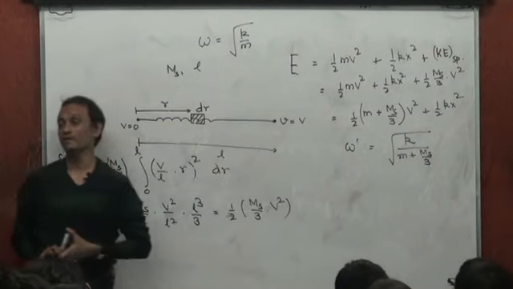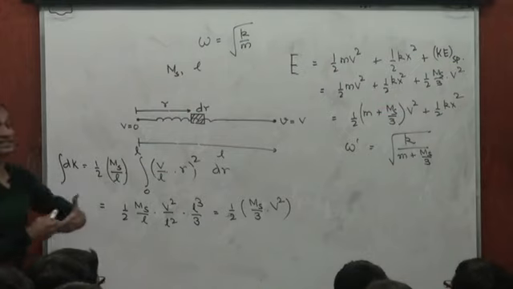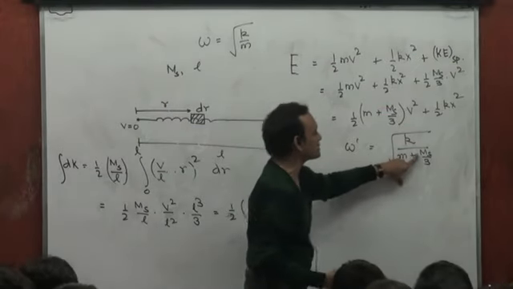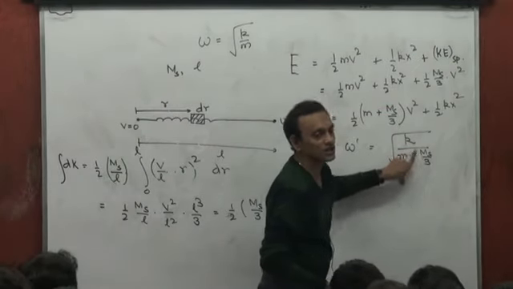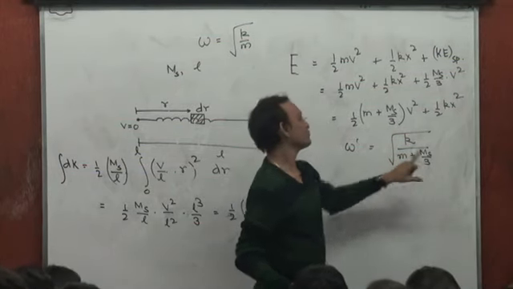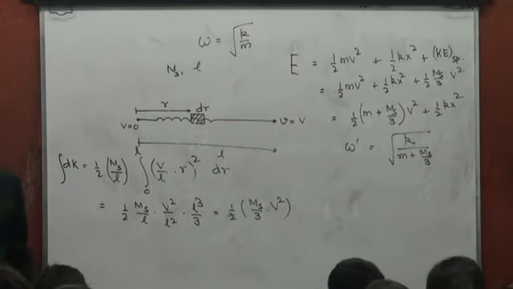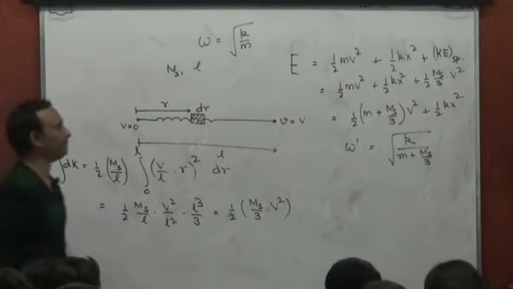So in situations where the mass of the spring is not negligible, the spring mass is incorporated by adding to the original mass 1/3 the mass of the spring. 1/3 the mass of the spring would have to be added to get the omega of the system. Got me right on this?